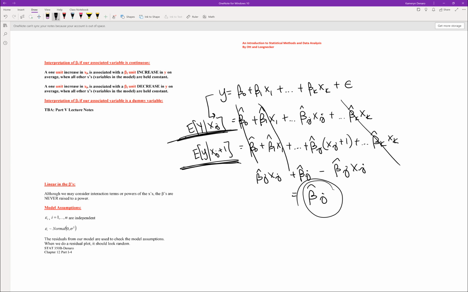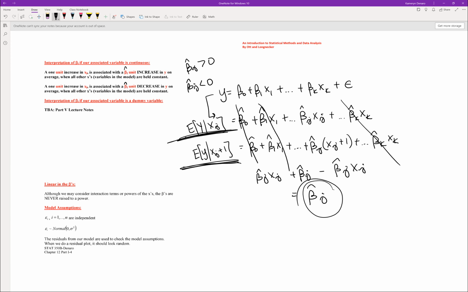This would be if our beta hat j was greater than 0. But if our estimated slope coefficient is less than 0, then we say a 1 unit increase in xj is associated with a beta hat j unit decrease in y on average when all other variables in the model are held constant. We have to hold all other variables in the model constant because otherwise when we do the subtraction, they wouldn't cancel out.